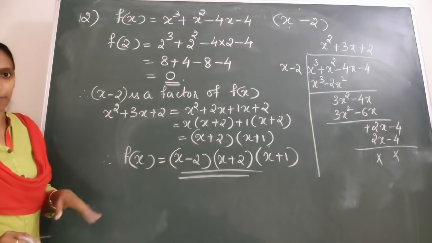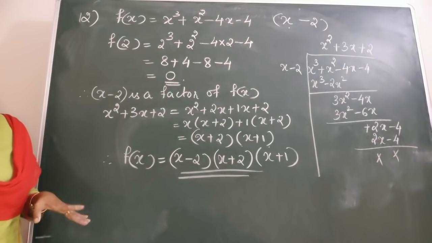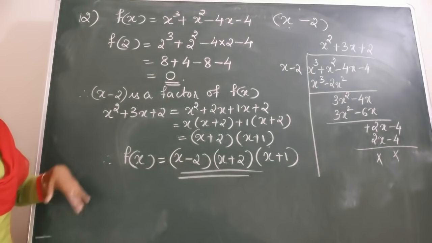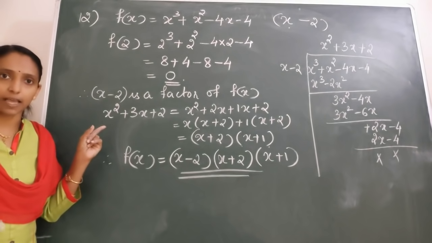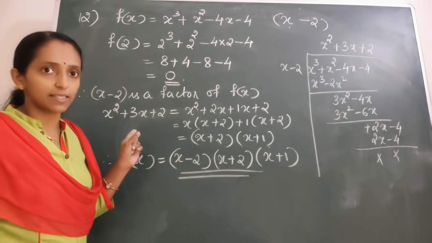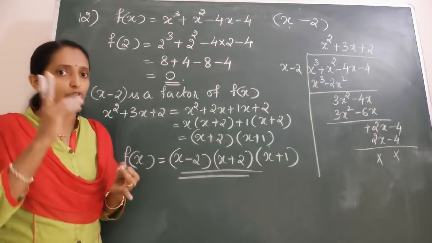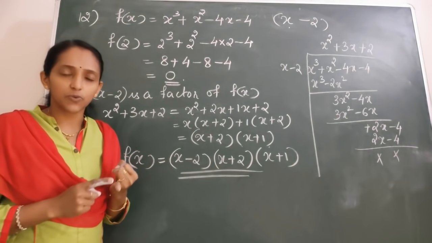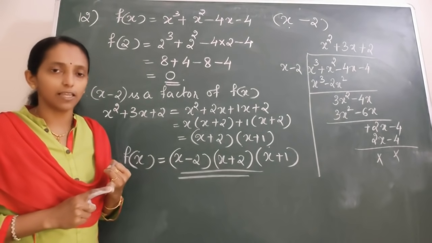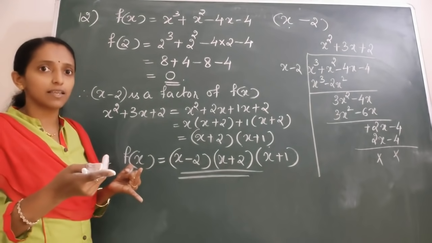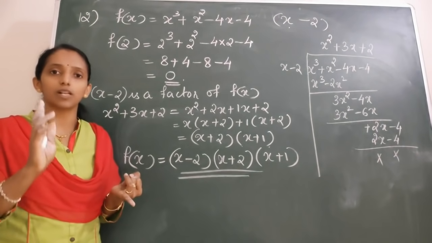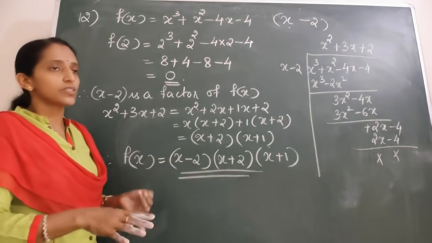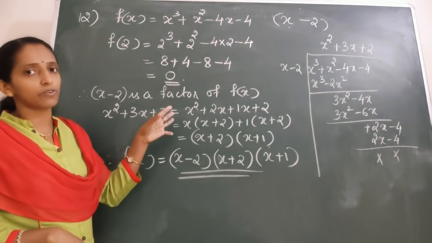Factorize completely. This is the second topic of this chapter. Got it? That is the application of factor theorem. Previously we had seen the application of remainder theorem. Remainder theorem has two applications: one is finding the unknown quantity and the second one is finding the remainder. In both cases you will substitute the value of x.